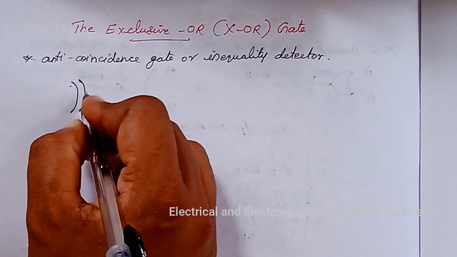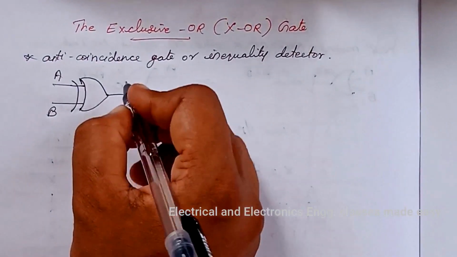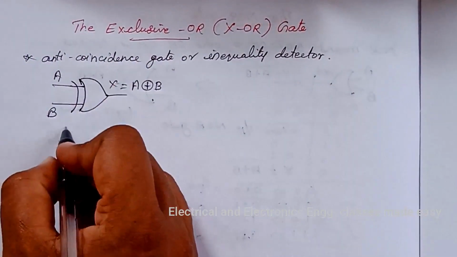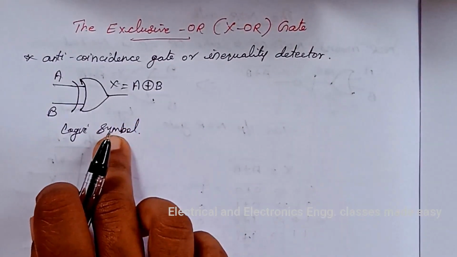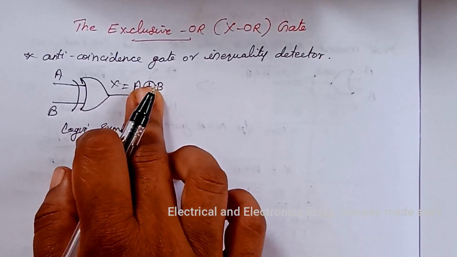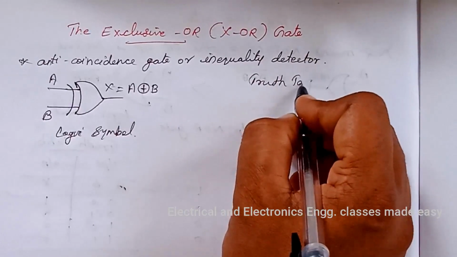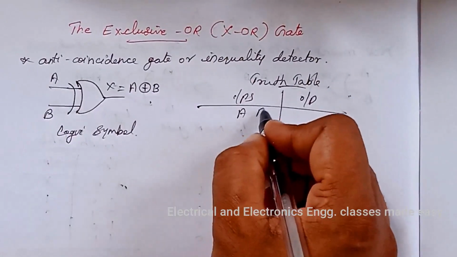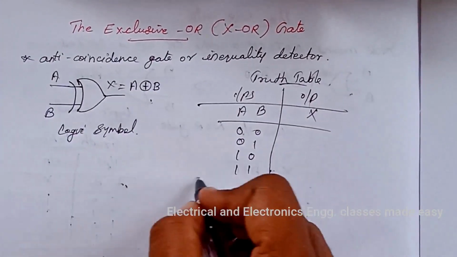That is, X is equal to A XOR B. So this is the logic symbol of XOR gate, and it can be read like this, that is X is equal to A XOR B, and the truth table is inputs, output, then A, B, here X, 0, 0, 0, 1, 1, 0, 1, 1.